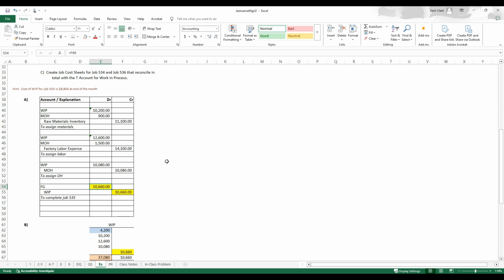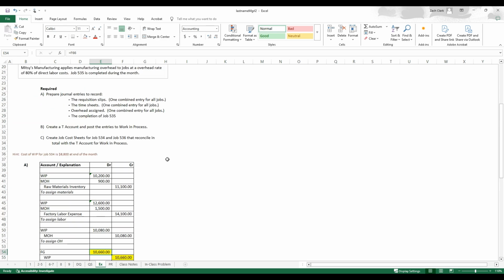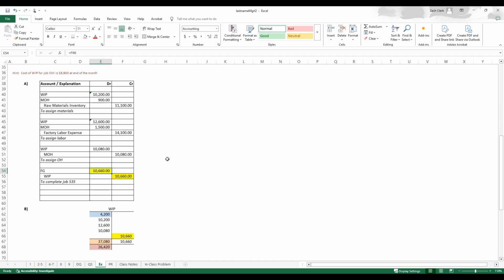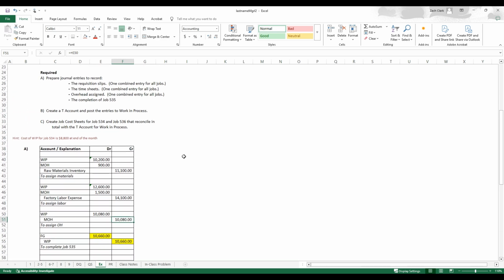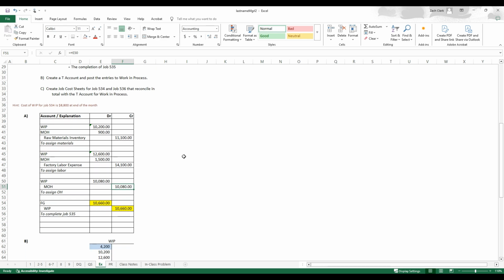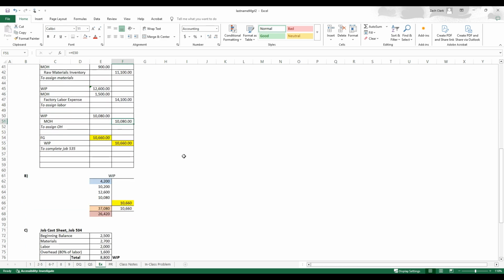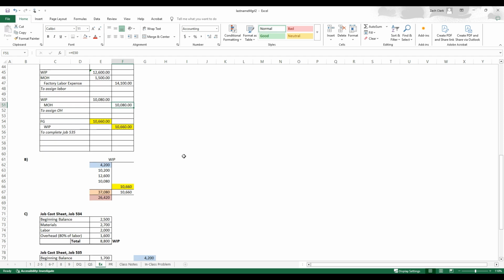There might be some other overhead costs we'd have to account for, so it doesn't specifically tell us, but we could compare what we actually put into overhead versus the amounts here. So I think there are some extra costs we'd have to take a look at. This problem doesn't specifically ask us for it, but just keep in mind that is something we will do in the future.